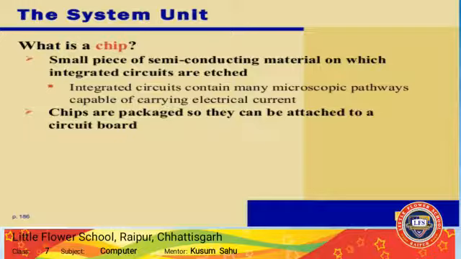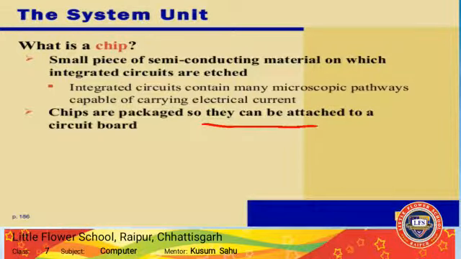Integrated circuits contain many microscopic pathways capable of carrying electrical current. Chips are packaged so they can be attached to a circuit board. This is a small square-shaped chip which can store a lot of information.